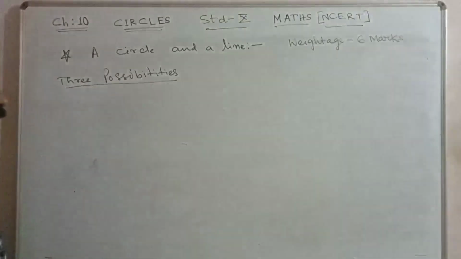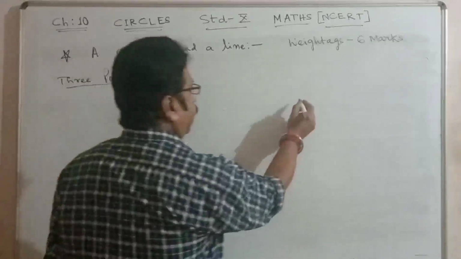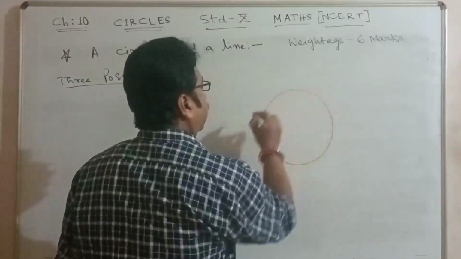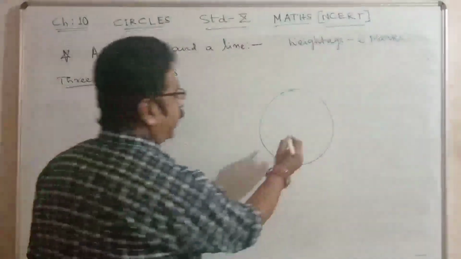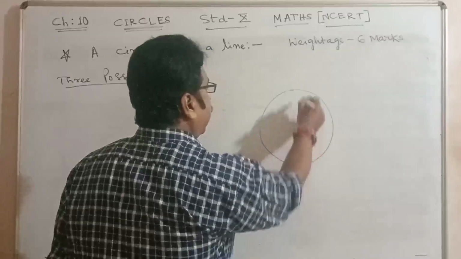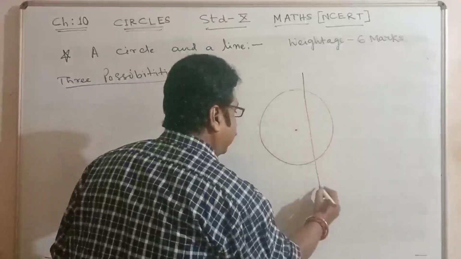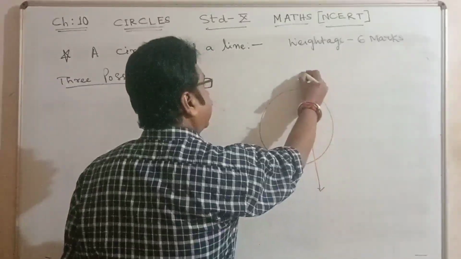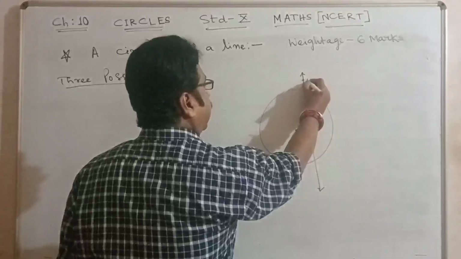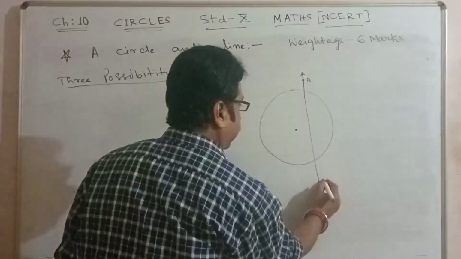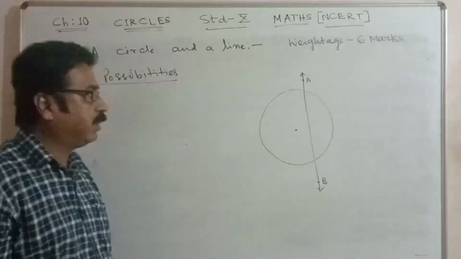One more observation, let us check. Suppose this is the circle, center is O, and this is the secant AB. AB is the secant.